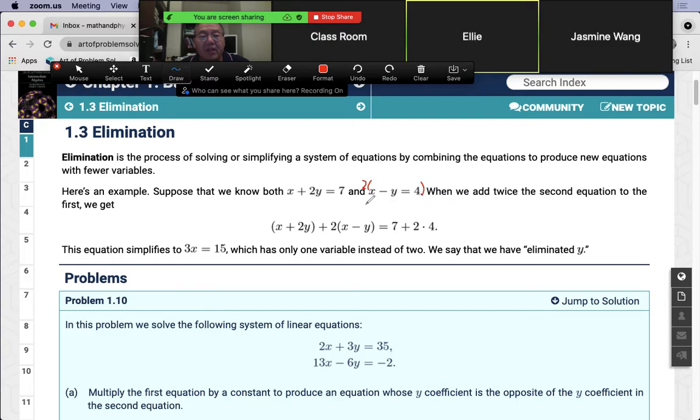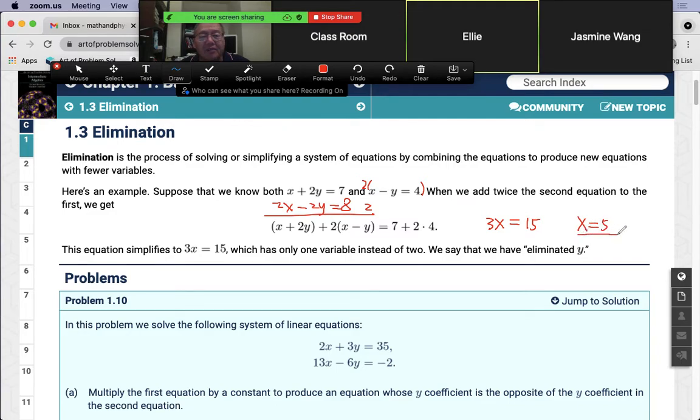Then you will get 2x minus 2y equals 8. Then you add these two equations together, and you get 3x; the plus 2y and minus 2y cancel out, and this one equals 15. Then both sides divided by 3, you get x equals 5.